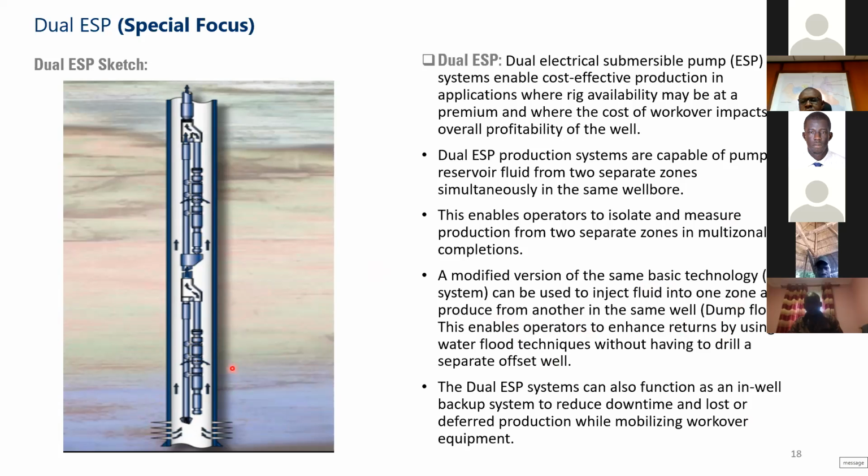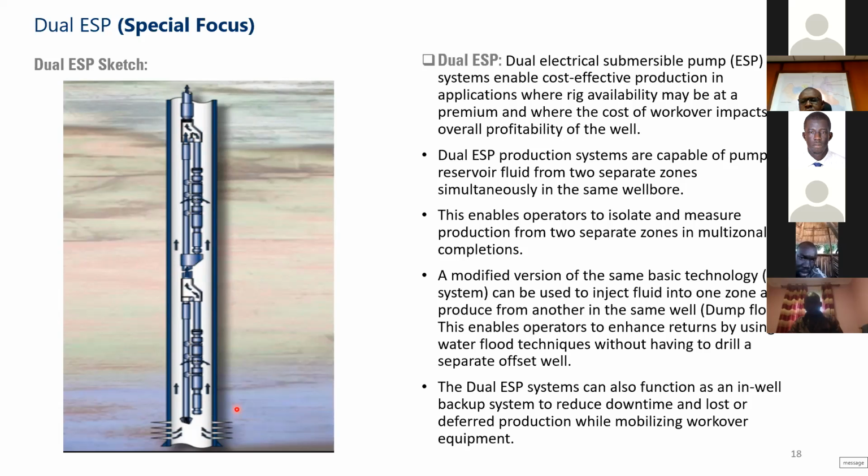For example, you have a well, and you're producing water from the reservoir here, through the tubing. It comes to the upper ESP, or the upper Y tool system. It will have a block somewhere here, and then it will be re-injected into a reservoir that is on top, in a different zone from where the bottom ESP is. So this is the concept of the dump flood.